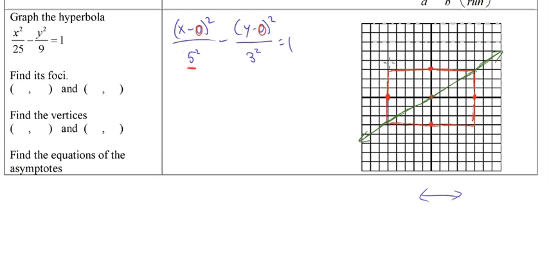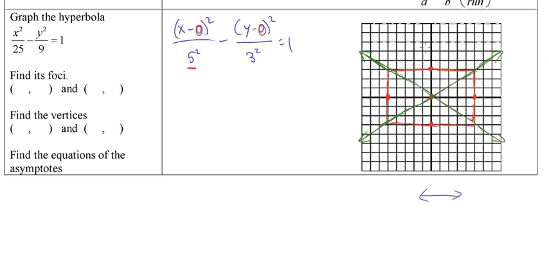They're the diagonals of this rectangle here. Our hyperbola is going to get closer and closer, but never actually touch those asymptotes. All right, so now we've got all of our pieces.